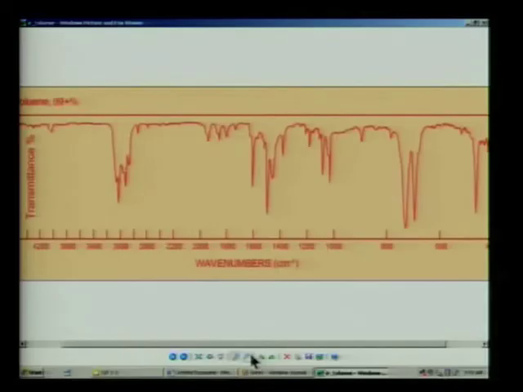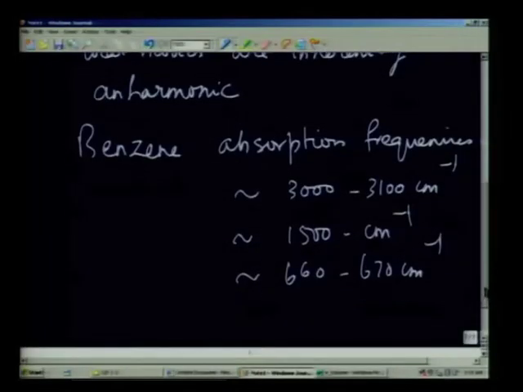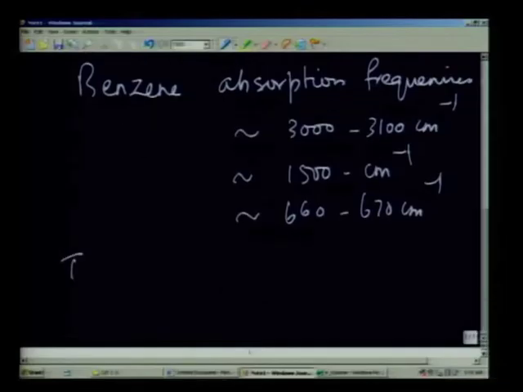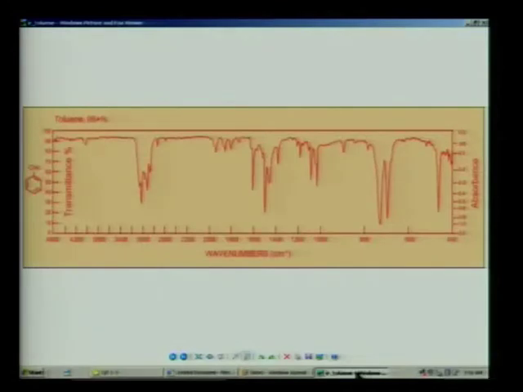This is the IR spectrum of toluene, which is C6H5CH3, one extra methyl group. Now let us look at the spectrum of this and see what features are similar to what we have near the benzene.